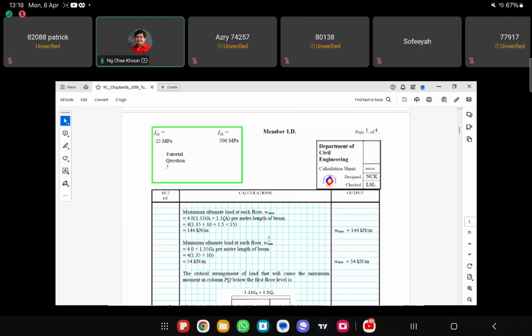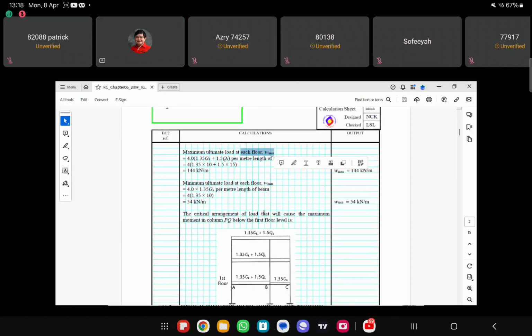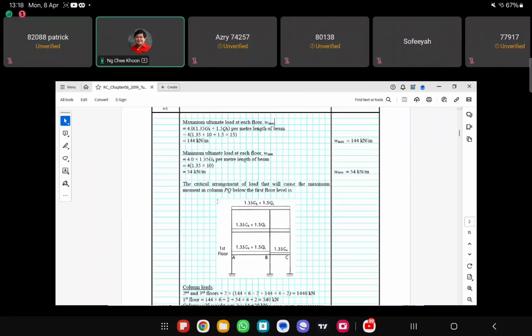So this is the solution. Here is the loading calculation: maximum ultimate load at each floor. Before that, let's look at the arrangement of load first.